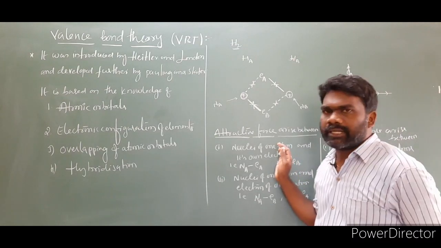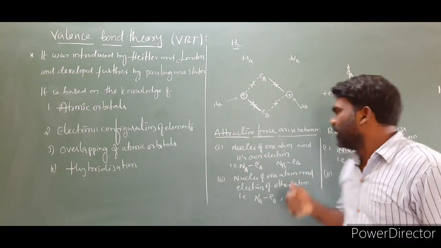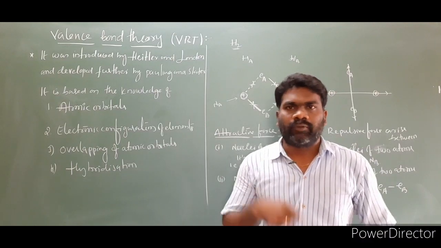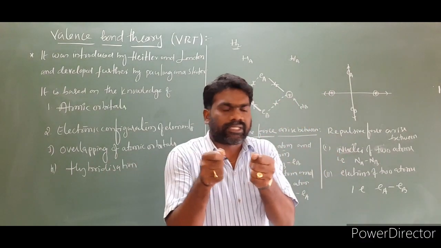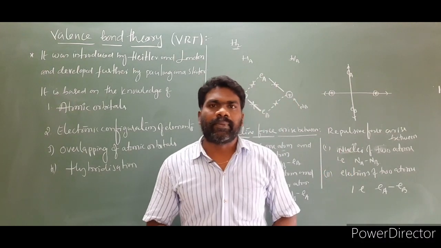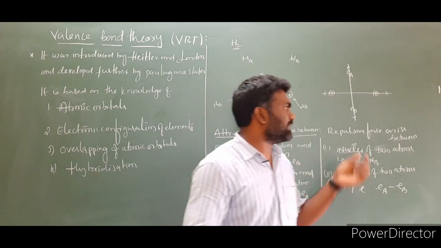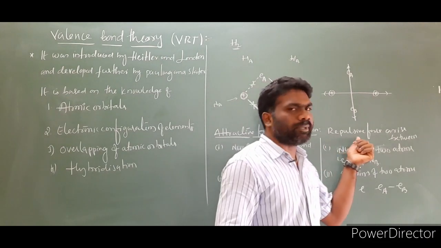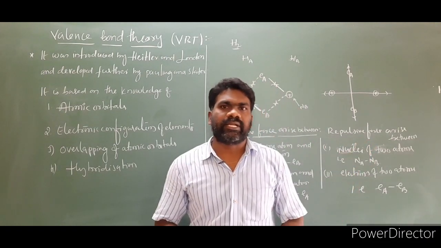One more important point is that attractive forces bring the atoms close together and repulsive forces bring them apart. At a particular internuclear distance, the attractive forces are greater than the repulsive forces, and the potential energy of the atoms decreases.